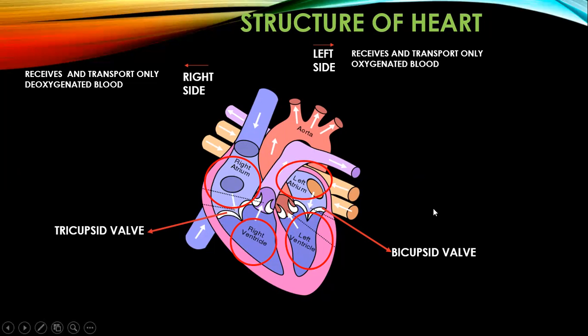The function of these valves is to prevent the backflow of blood into the previous chamber. Suppose the left ventricle is pushing the blood into the aorta, then the bicuspid valve will close so that the blood does not move back to the first chamber of the heart, the left atrium.